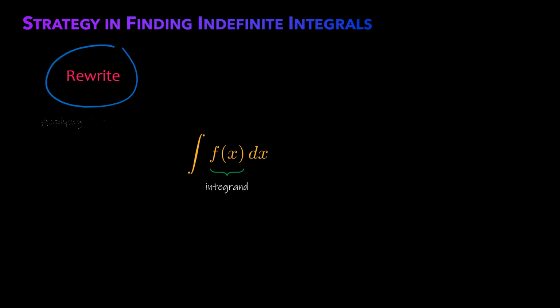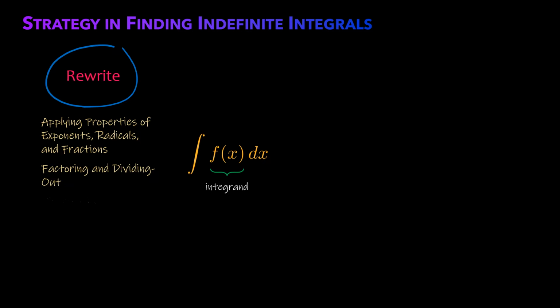Use strategies such as applying properties of exponents, radicals, and fractions, factoring and dividing out common factors, distribution of a factor by multiplication or division, and multiplying and dividing polynomials. For transcendental functions, use special identities to express the integrand as an equivalent form that is easier to integrate.